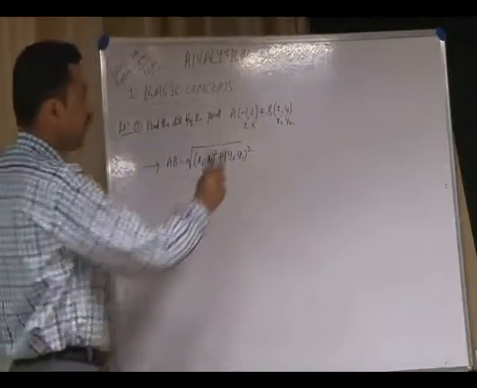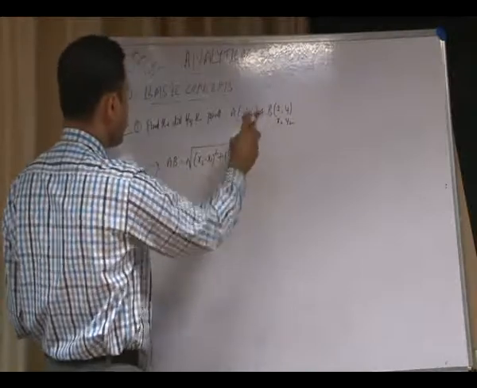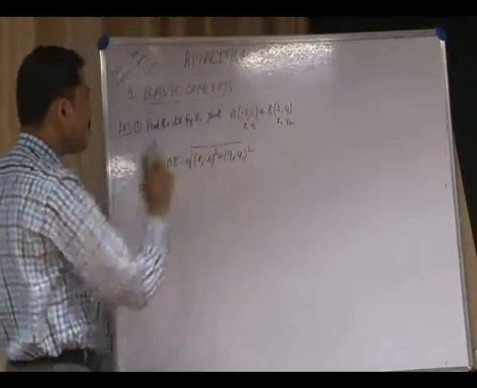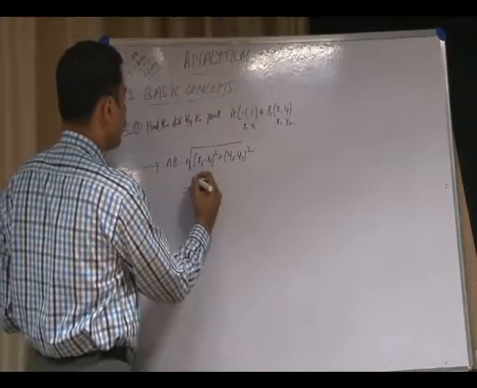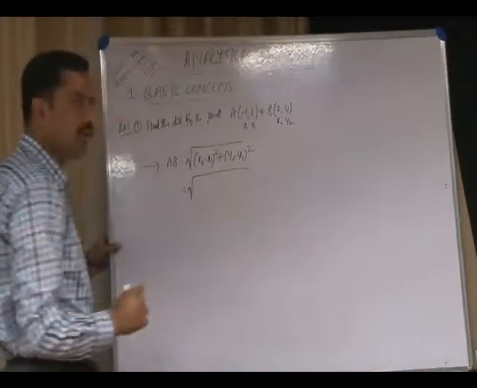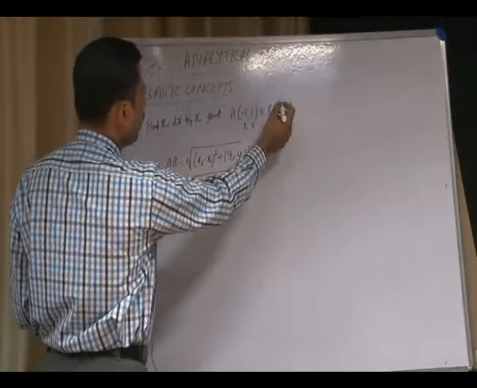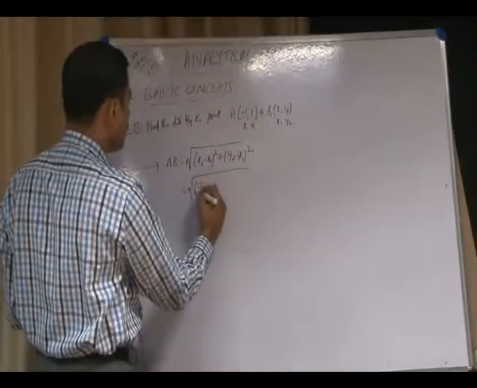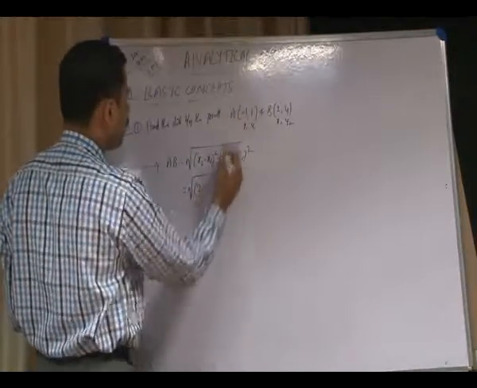So, here the coordinates of the points A and B are given. Substituting these two coordinates in distance formula, we get the distance between these 2 points, that is AB is equal to square root of x2 minus x1. Here x2 is the x coordinate of the second point, that is 2, minus x1, the x coordinate of the first point, that is minus 1.